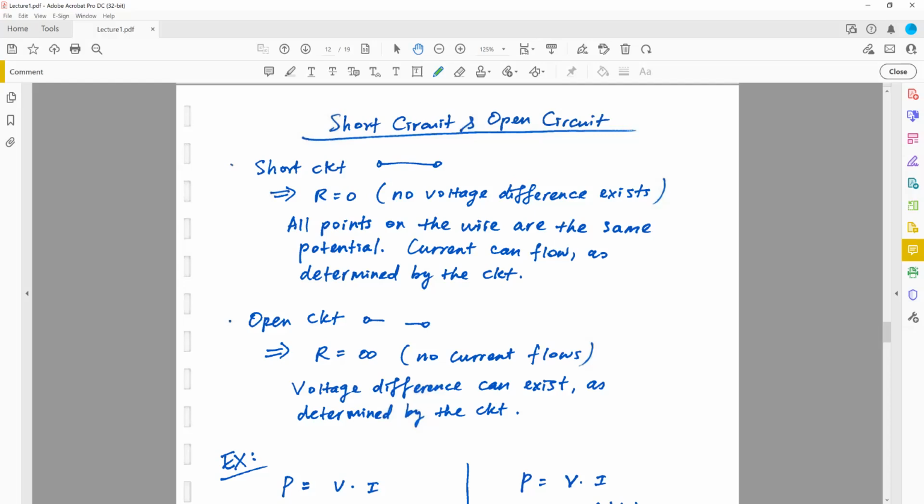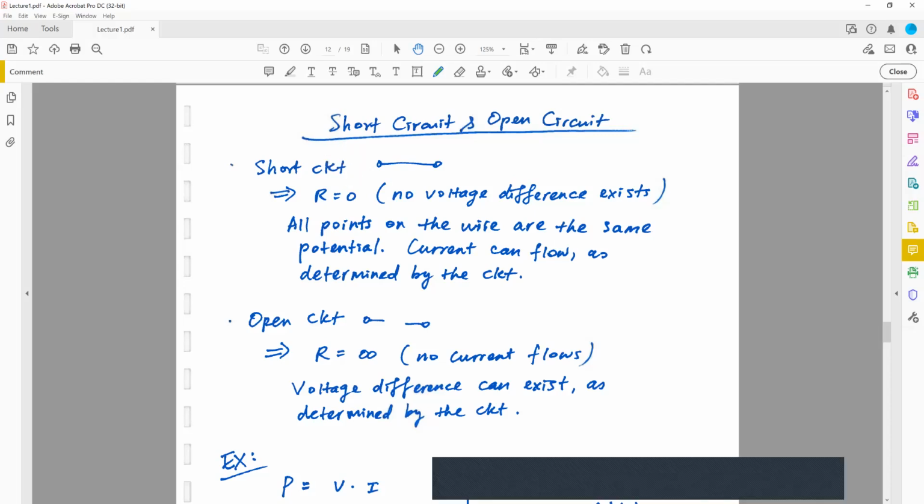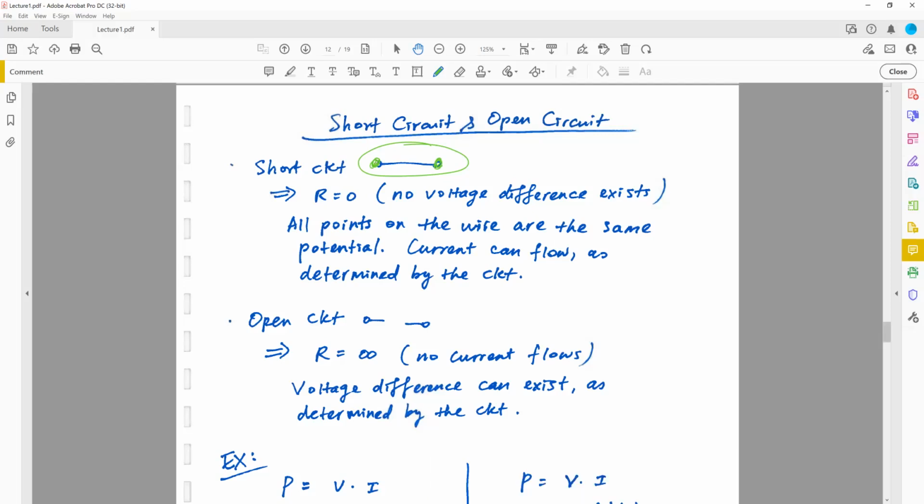Okay, so a short circuit is denoted by just a simple wire, the wire that connects these two points together. These two points are electrically connected, and since they are electrically connected, this point and this point therefore have the same potential.